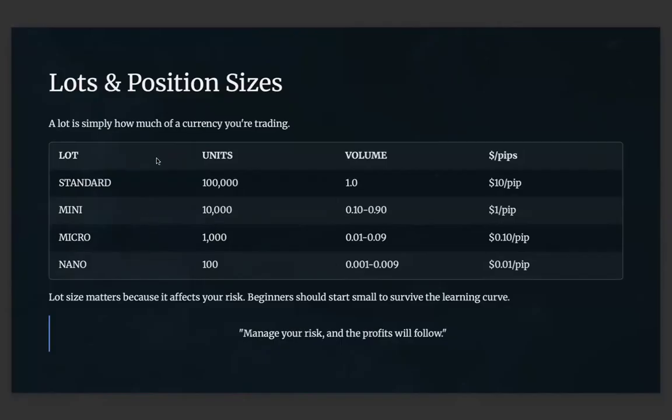So now, when it comes to this risk management thing, you need to always input the right lot size. The maximum amount you can start with is an amount you can afford to lose.